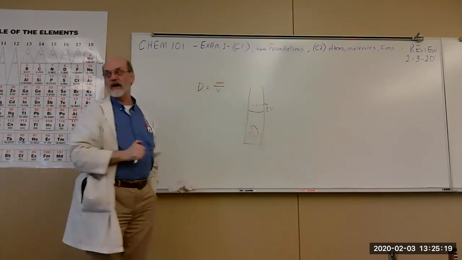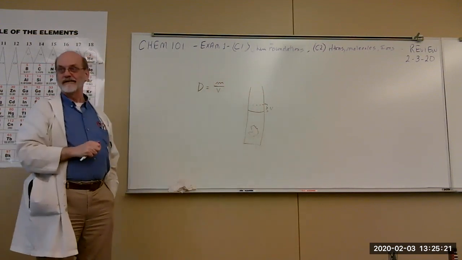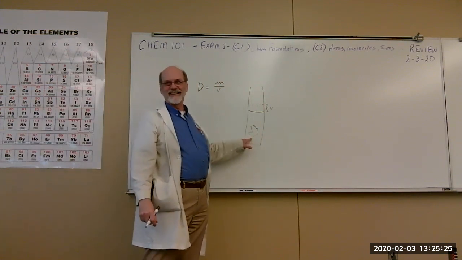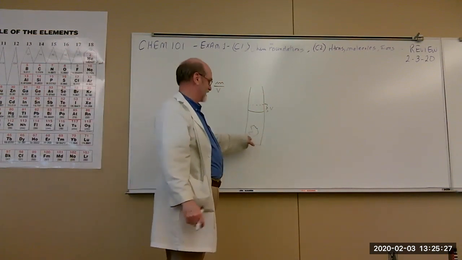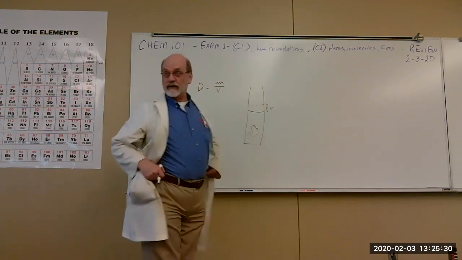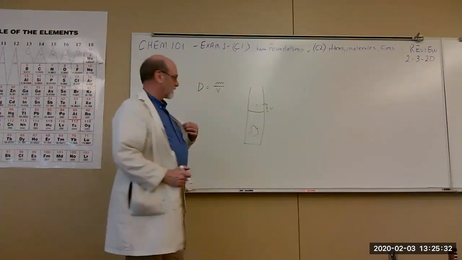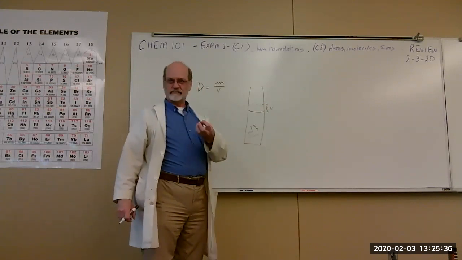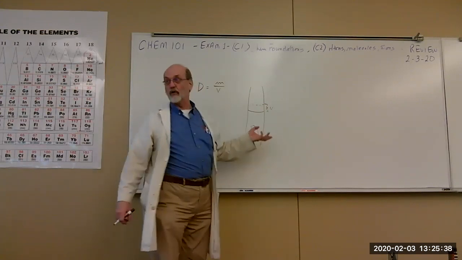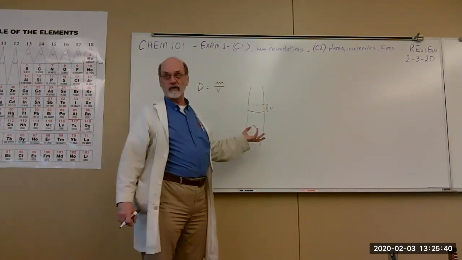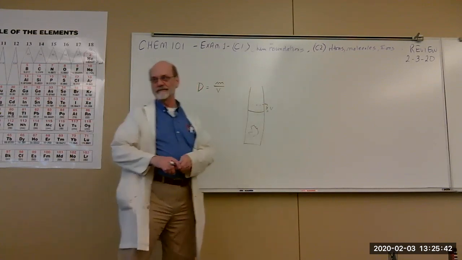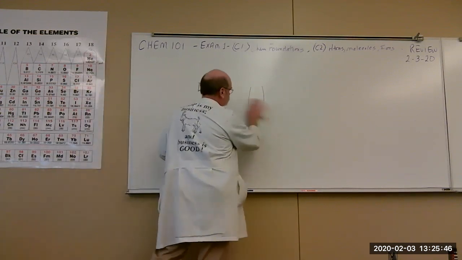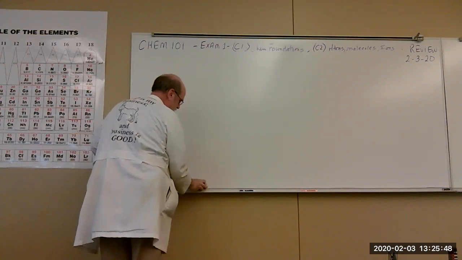So that difference is your volume. That's assuming this is not soluble in water. If it is, you've got trouble. You may have to pick a different liquid, right? If you had a chunk of rock salt, you wouldn't put it in water. You might put it in mineral oil, right? It won't dissolve in mineral oil. Do the same thing. Okay, so that's density.